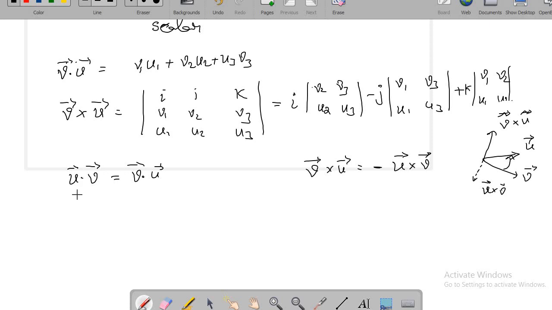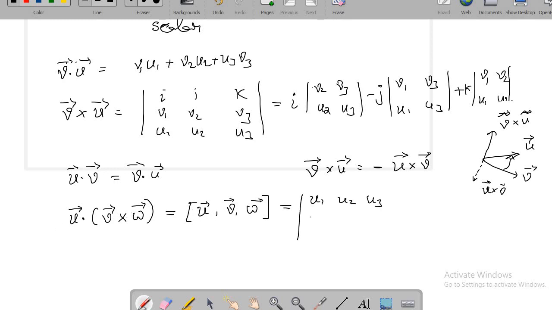And there is another product which is called the box product. Let's say I have u dot product with v cross product w, and this is what exactly we call the box product of u, v, and w. It is the same as taking the determinant of this matrix.